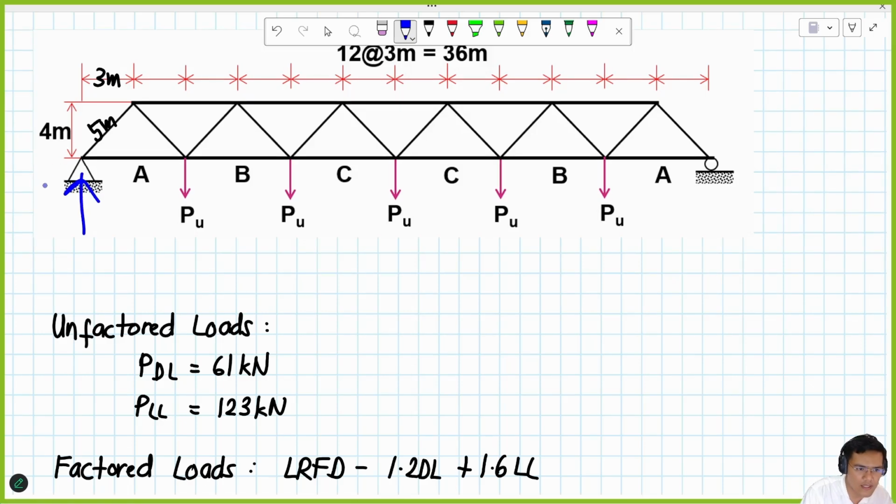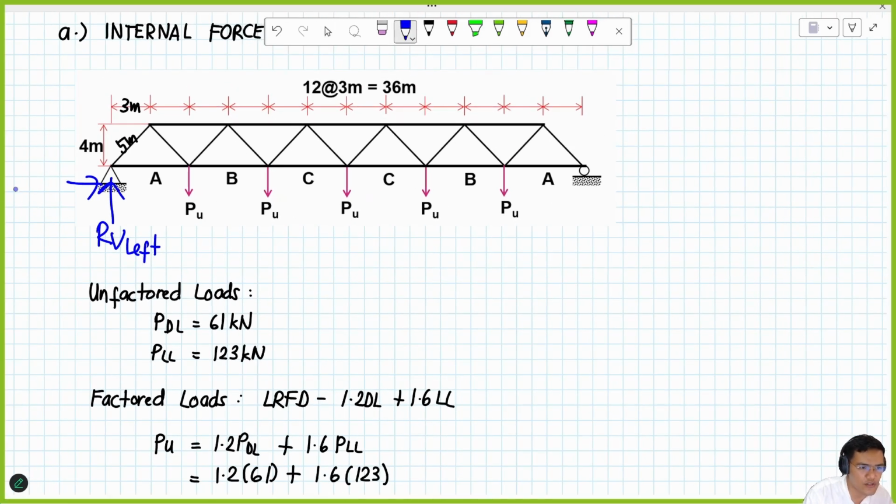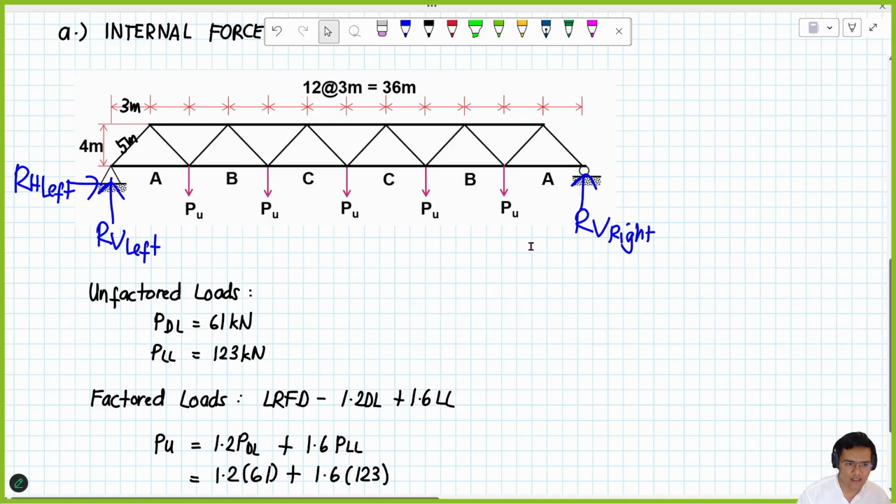So i-assume lang natin ito yung reaction vertical, left. And then ito naman is reaction horizontal, left support. Ito naman, this one is our reaction vertical, right support. So yan yung magiging direction ng ating reaction.